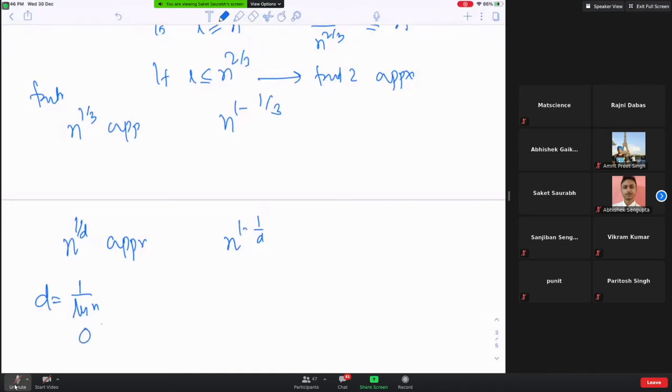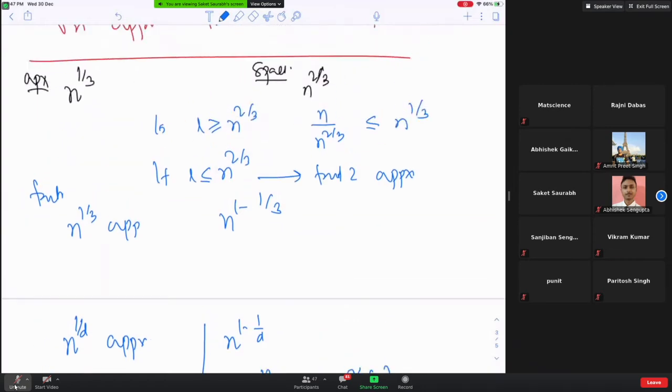Roughly order 1. But how much will the space be? It is n to the power 1 over d, so this is roughly O tilde n space, because 2 to the power log n cancels. Agreed? So now we have a very good trade-off, covering all ranges of approximation.